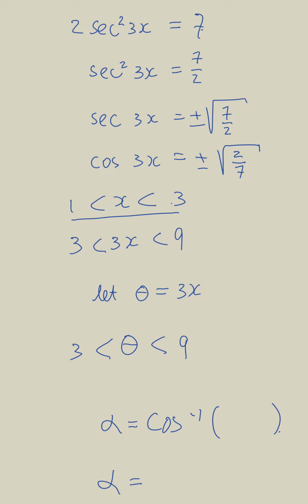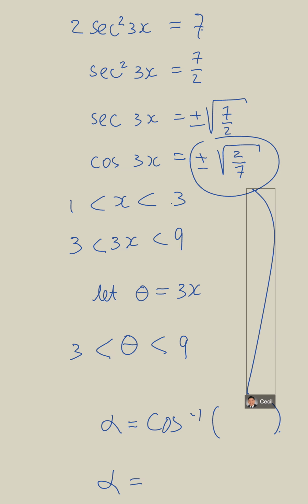Now, we need to find the basic angle. Not theta yet. Not theta yet. We do theta later, but we find a basic angle, which is alpha. And alpha is inverse cosine of absolute value of this thing, plus minus root 2 over 7.